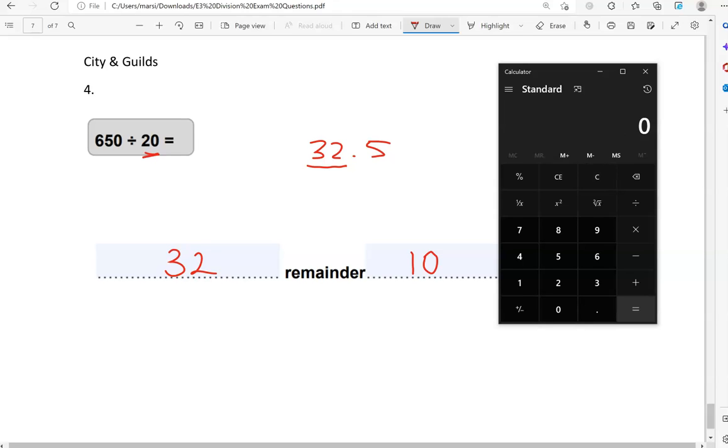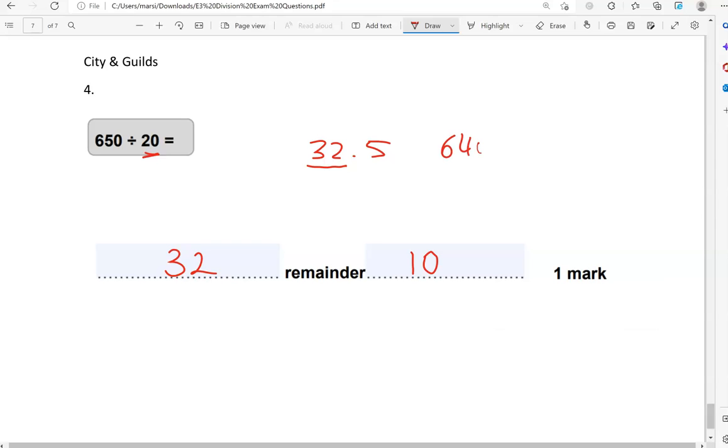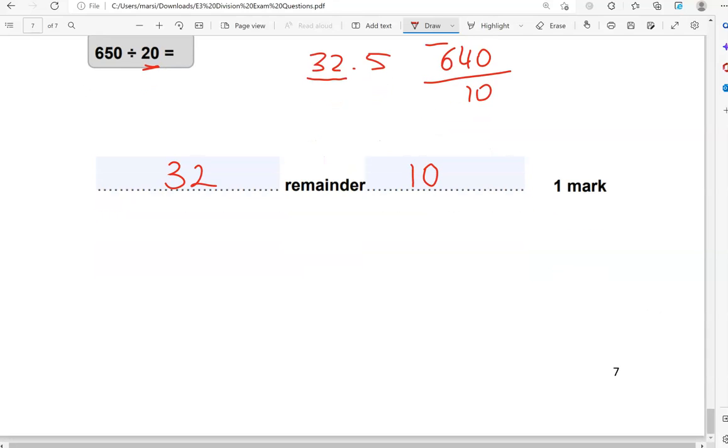But we can also do this. It's 32, the whole number, multiplied by 20 gives us 640. So if I take that away from 650, it can give us the remainder, which is 10 again. And this is the end of the questions.